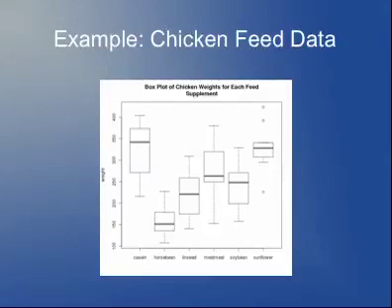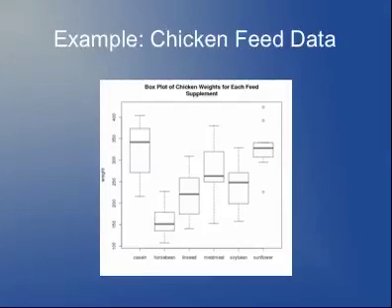As you can see here, there are several advantages to plotting your data like this. For starters, it's really good for giving you a 1,000-foot overview of what's going on in your data. Here we see, okay, looks like horsebean in terms of creating large chickens is the worst supplement.